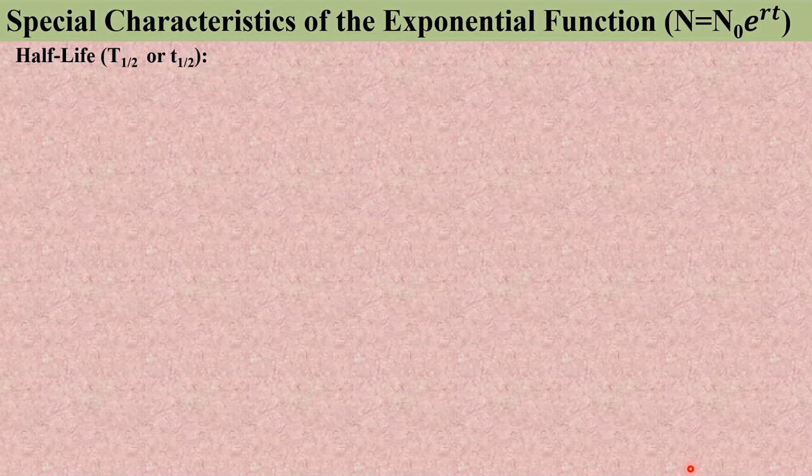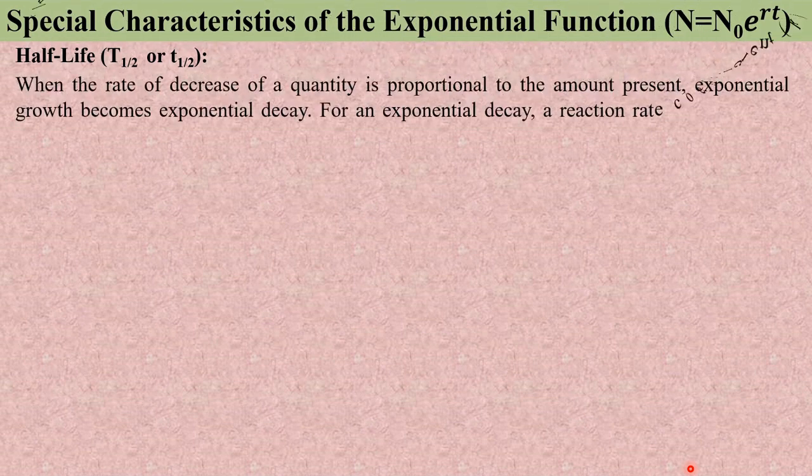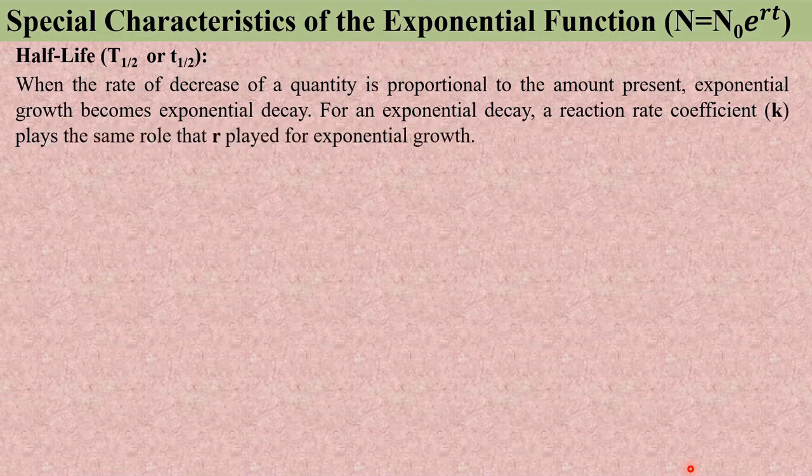Half-life is denoted as t under suffix half, or small t under suffix 1/2. So when the rate of decrease of a quantity is proportional to the amount present, exponential growth becomes exponential decay. For an exponential decay, a reaction rate coefficient k plays the same role that r played for exponential growth.